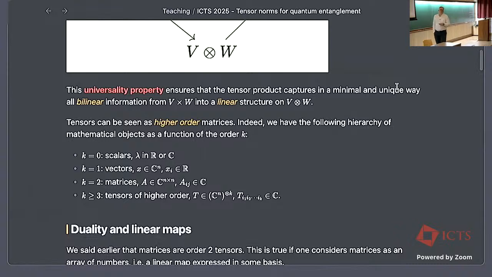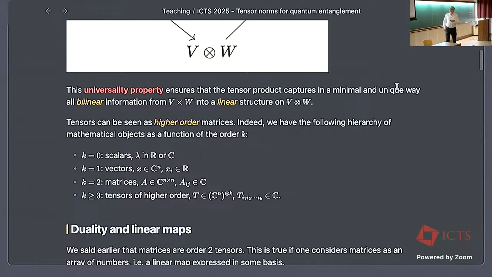And now you have tensors of order k, they have k indices, i1 up to ik, and all these indices go from 1 to n. So you continue this list from scalars, vectors, matrices to tensors. Okay, so these are the three perspectives on tensors: physics, math, and computer science.